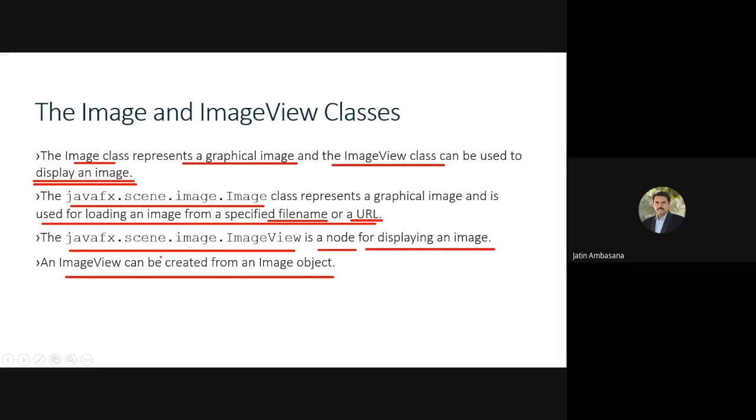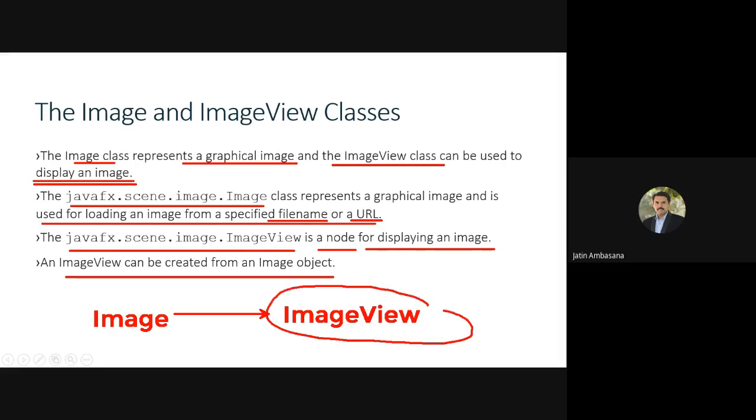So first you create an Image object, and you use it to construct the ImageView object. ImageView consists of an image, and this is the main node which will be inserted inside a pane.